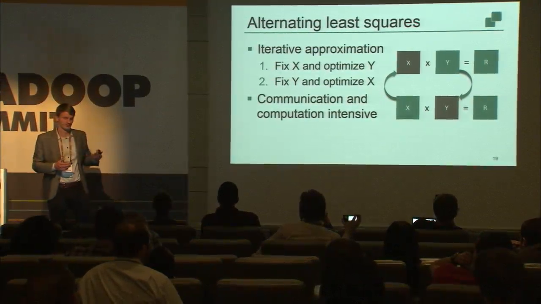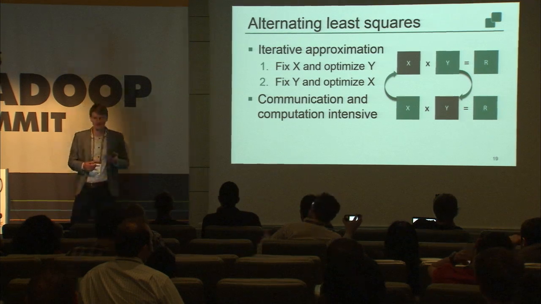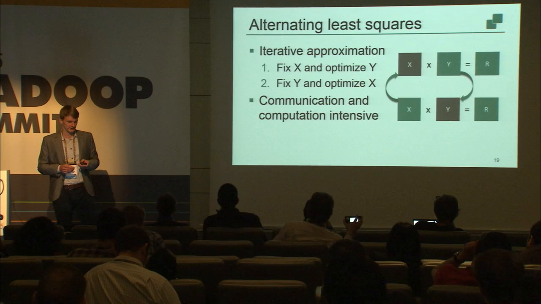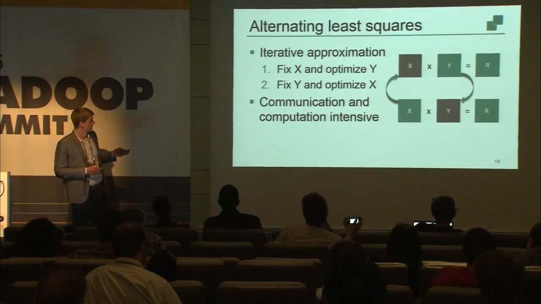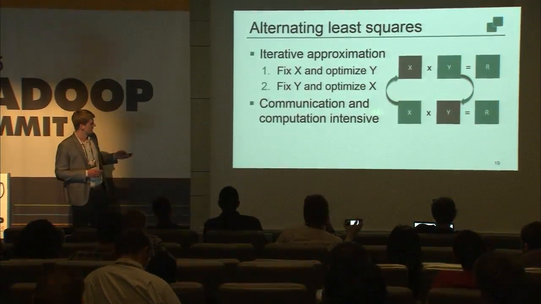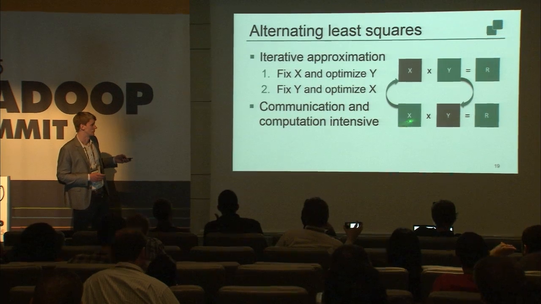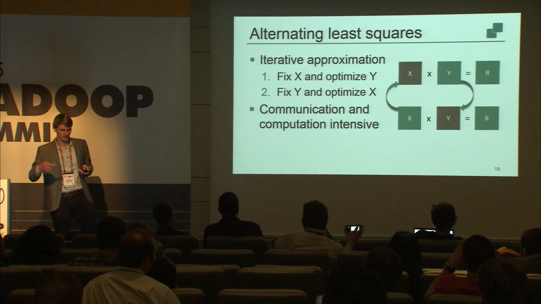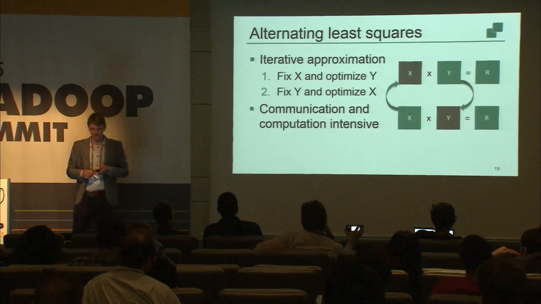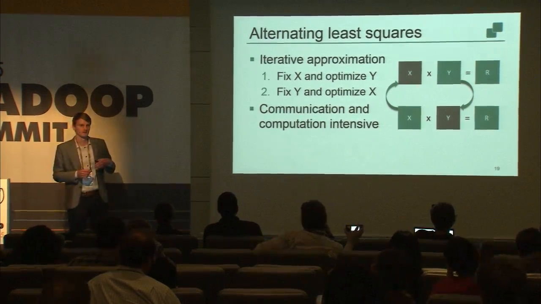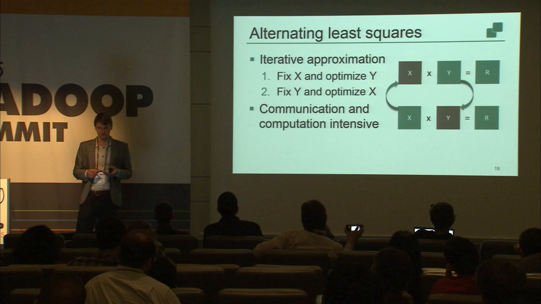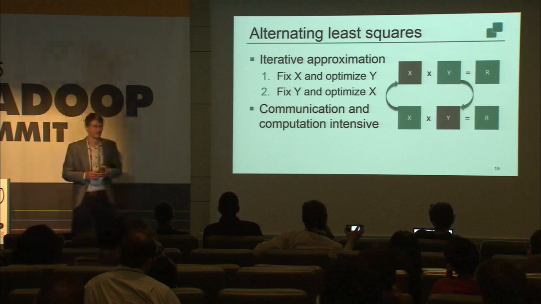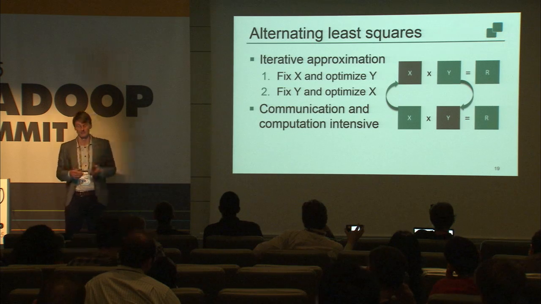So, for example, we fix the user matrix X, update the item matrix Y, and use this value in a next step to update the user matrix X. By applying this approach over and over again, we can solve the problem of finding these two matrices. That's what's basically called alternating least squares, or ALS.